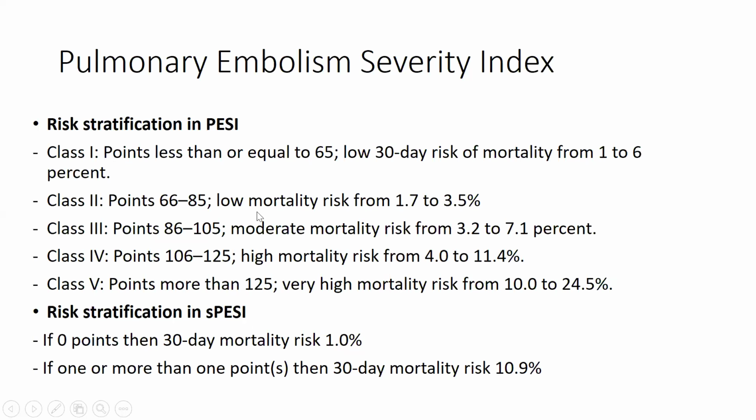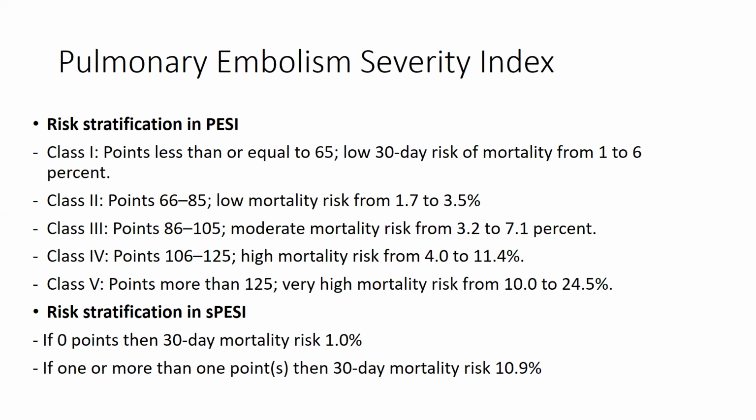So for class 1, to look at the severity of the PE, if the points are less than 65 on your pulmonary embolism severity index, it has a low 30-day risk of mortality. But for class 2, the PESI score is between 66 and 85.